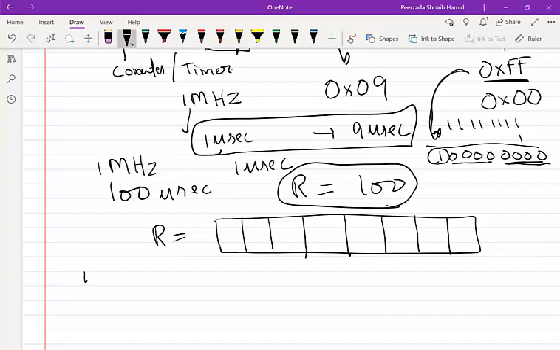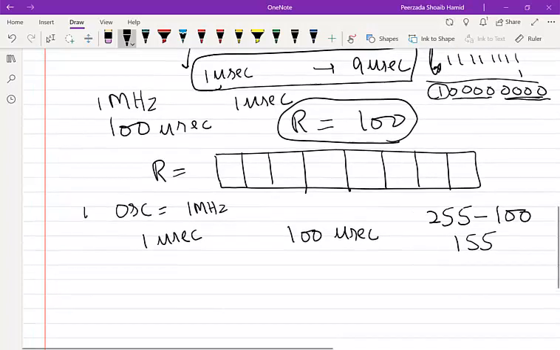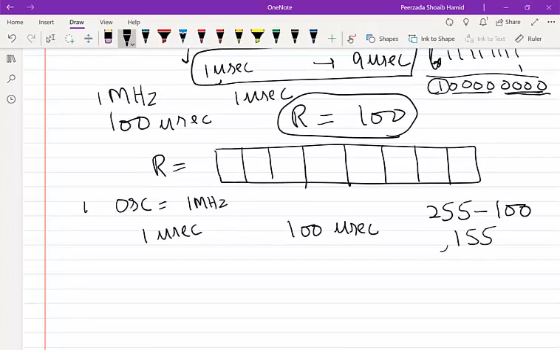For example, again, if the crystal frequency connected is 1 megahertz, each increment will take 1 microsecond, and now we need a 100 microseconds delay. So we must start, when will it overflow? It will overflow at 255. So we must start with 255 minus 100. That means 155. So we can load this 155.